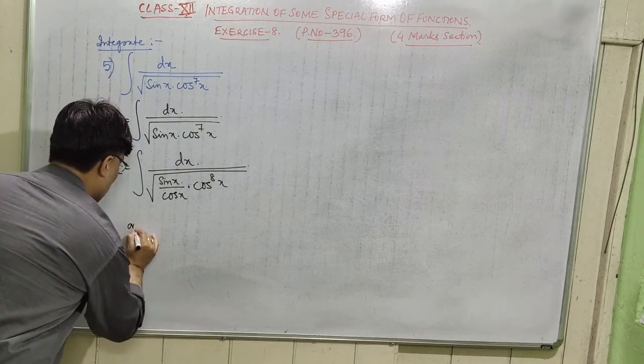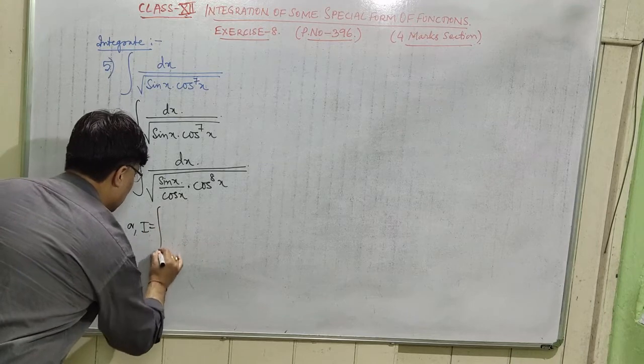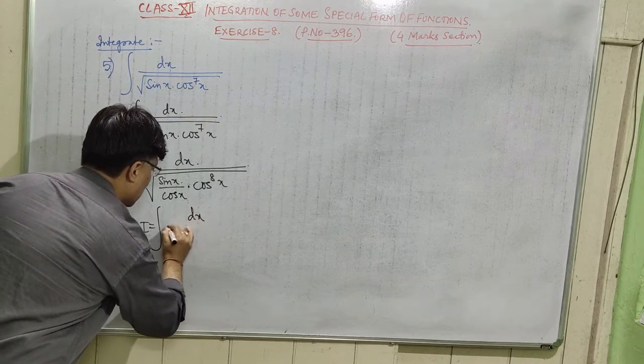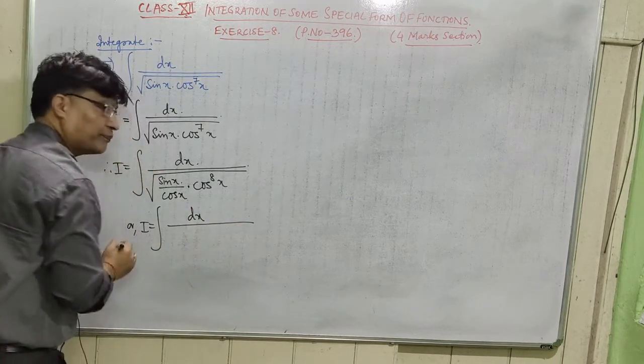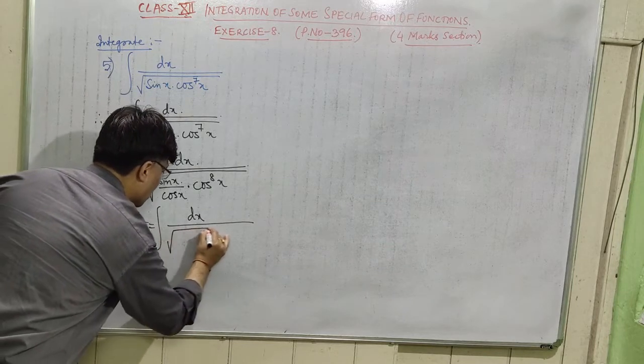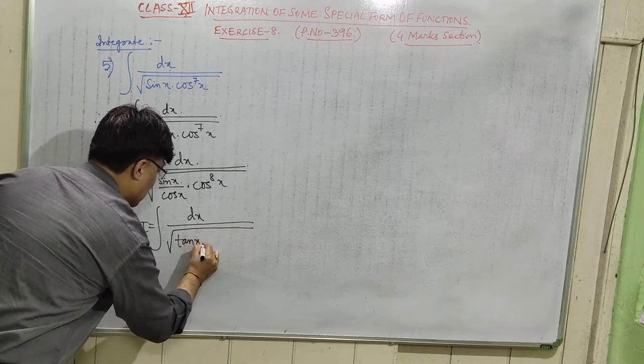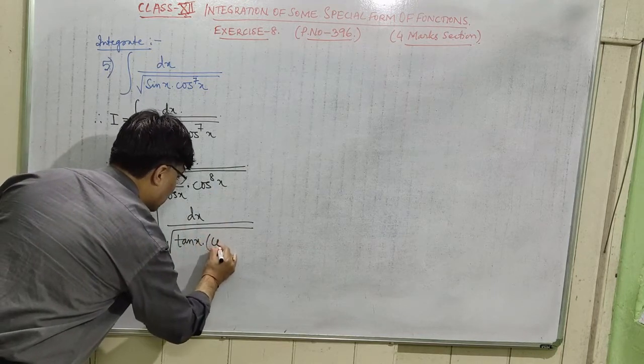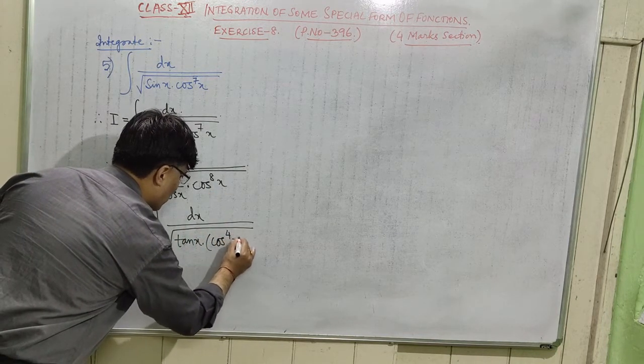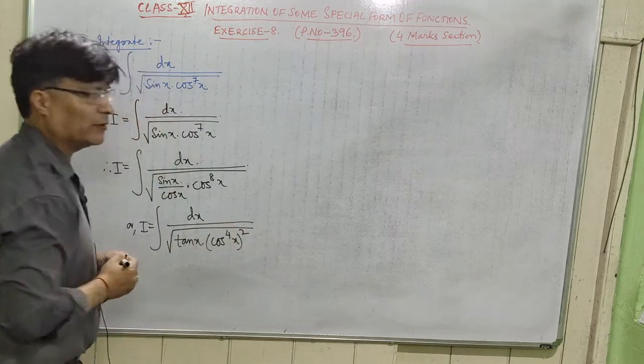So I is equal to the integral of dx divided by the square root of, sin x by cos x is tan x, into cos to the power 8x, which you can write as cos to the power 4x whole square.